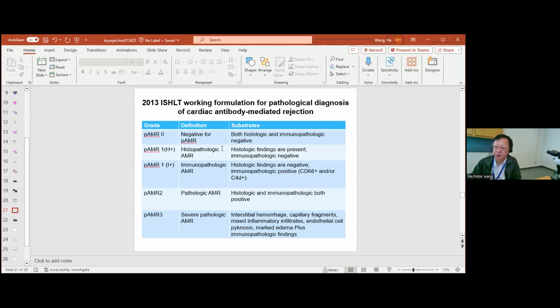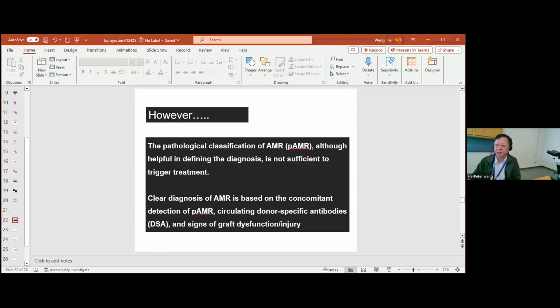Basically, you don't need to have both of them, and if you have both of them, you call that pAMR2. If you have both of them and you have morphological changes of interstitial hemorrhage, capillary fragmentation, inflammation, endothelial necrosis, these are pAMR3. And this is the scheme we report.